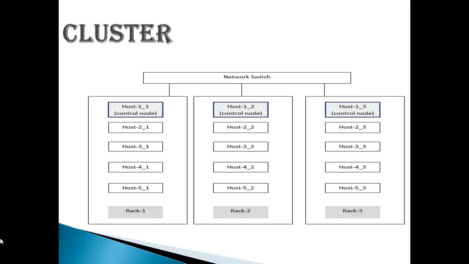Whatever data is present in rack 1 will be replicated to the other racks available. That means rack 1 data will be replicated to rack 2 and rack 3. Similarly, rack 2 will be replicated to rack 1 and rack 3, and the same applies for rack 3. So this allows you to have business continuity even though one of your racks has gone down.